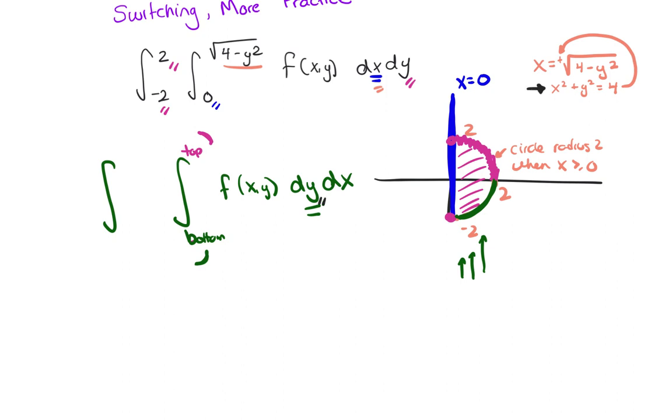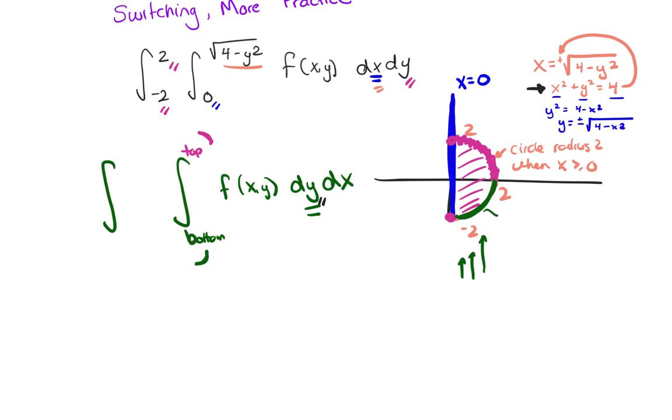So again, remember the circle equation came from x equals the square root of 4 minus y squared. We already squared both sides to get that x squared plus y squared equals 4. So y squared is 4 minus x squared, which means y is plus or minus, where we do get the plus and the minus here, the square root of 4 minus x squared.